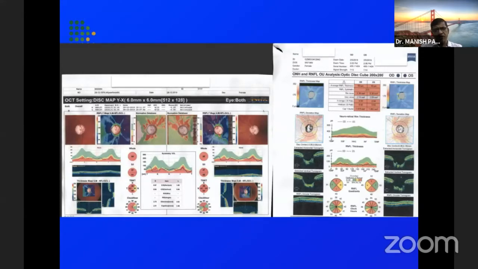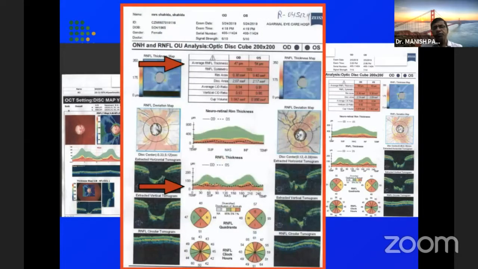But if you look closely, you'll only find those red spots there. The average RNFL thickness is close to around 50 microns, which is the lowest level to which an OCT can actually measure. And if you look at the graph on the lower side with the red arrow, it is absolutely flat. So this is called a floor effect, because OCT cannot decipher beyond that 45 or 50 microns.